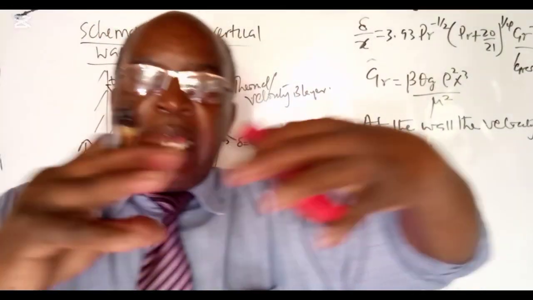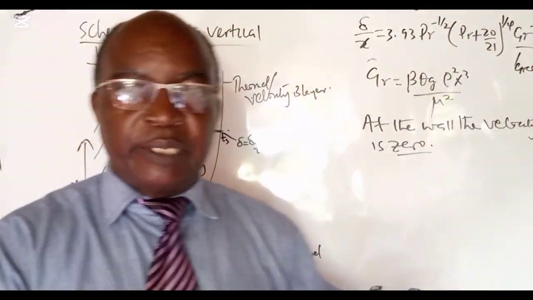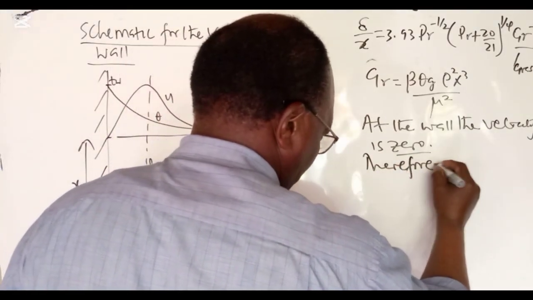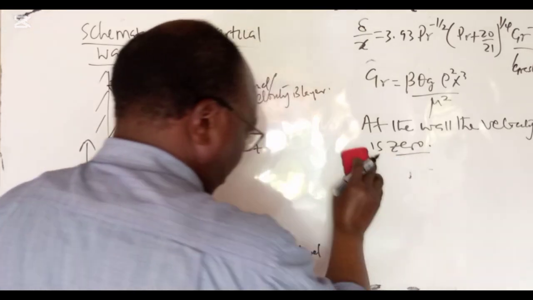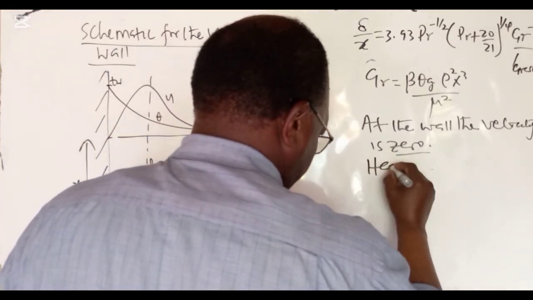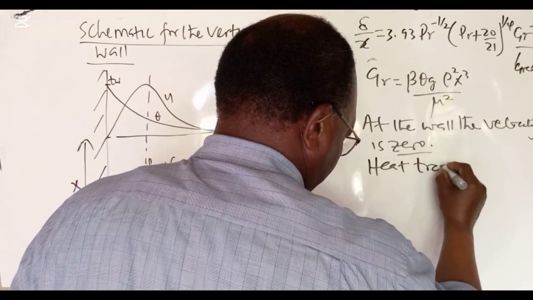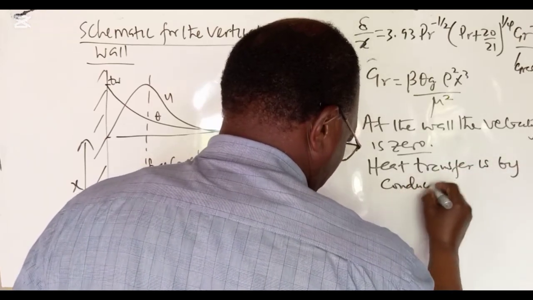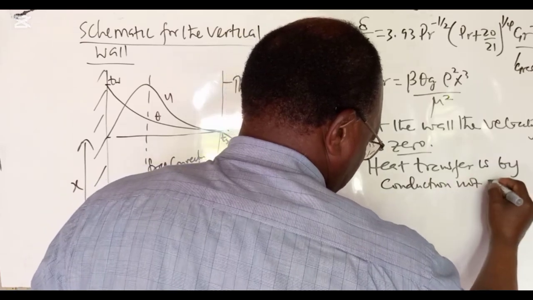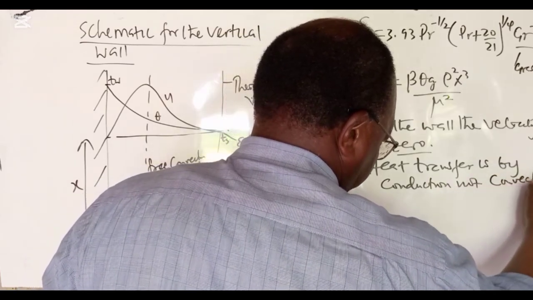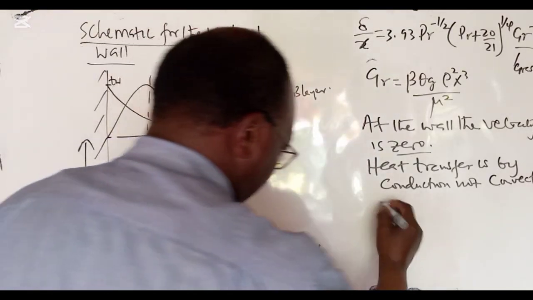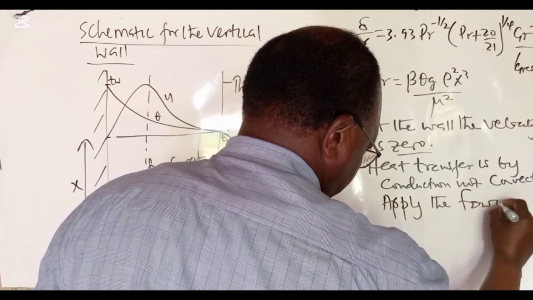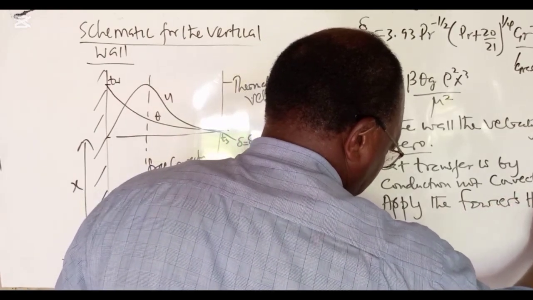And the moment we talk about heat conduction, then it means that we have to use Fourier's heat law. Therefore, heat transfer is by conduction, not convection. Therefore, we apply now Fourier's heat law.